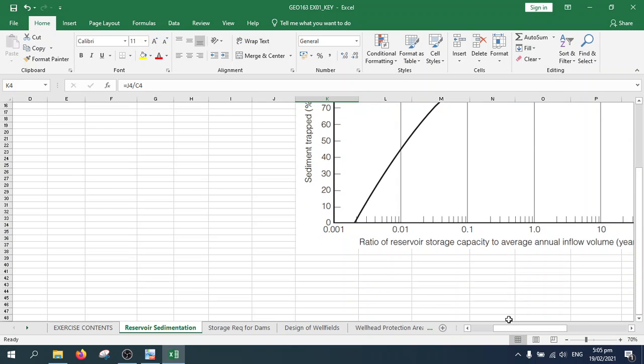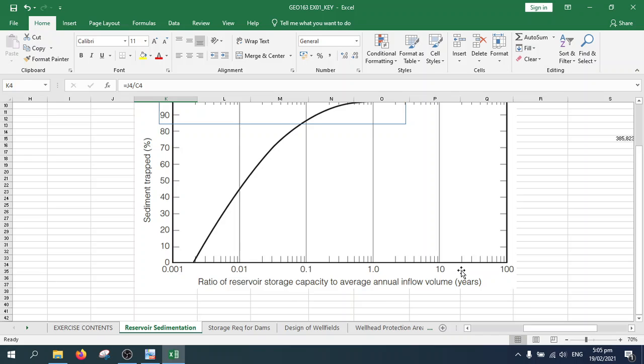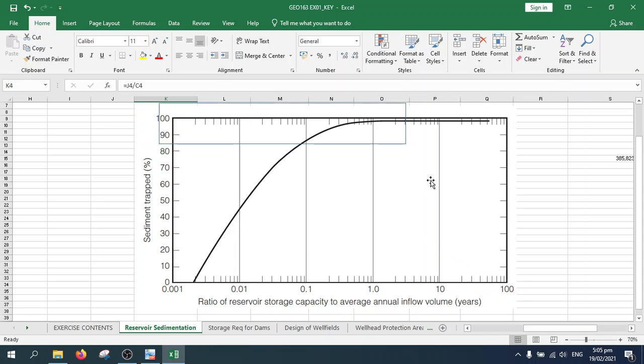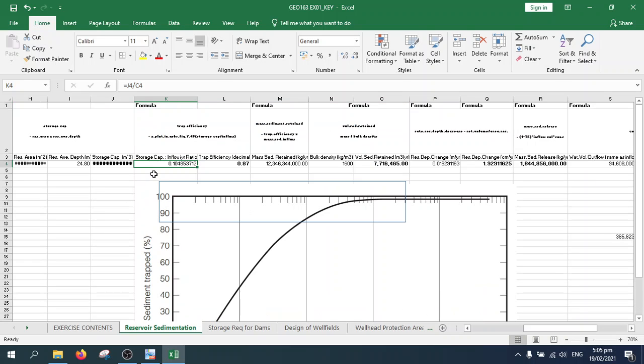So we head on to the chart of the USBR, or the US Bureau of Reclamation. This chart will help you estimate or calculate the trap efficiency based on the size of your dam versus the annual inflow volume, which we did here.